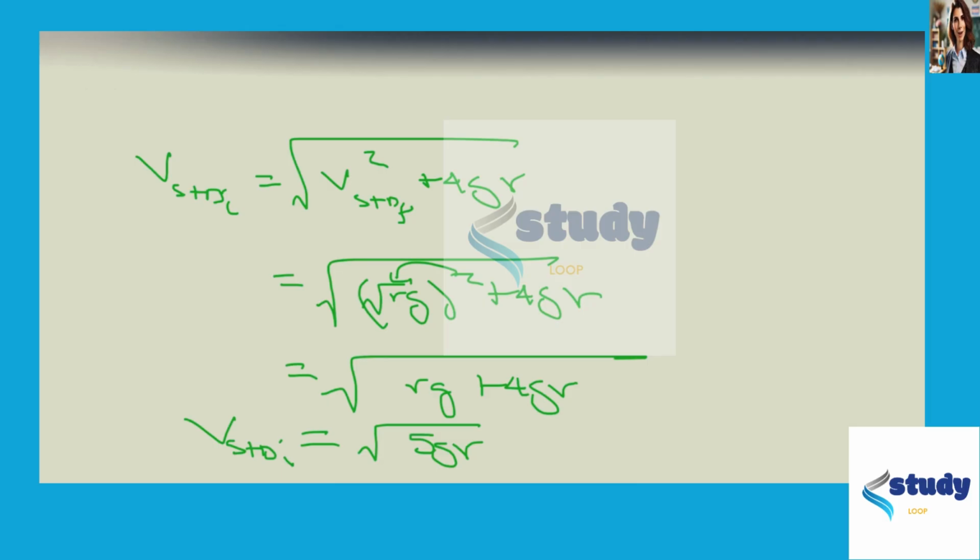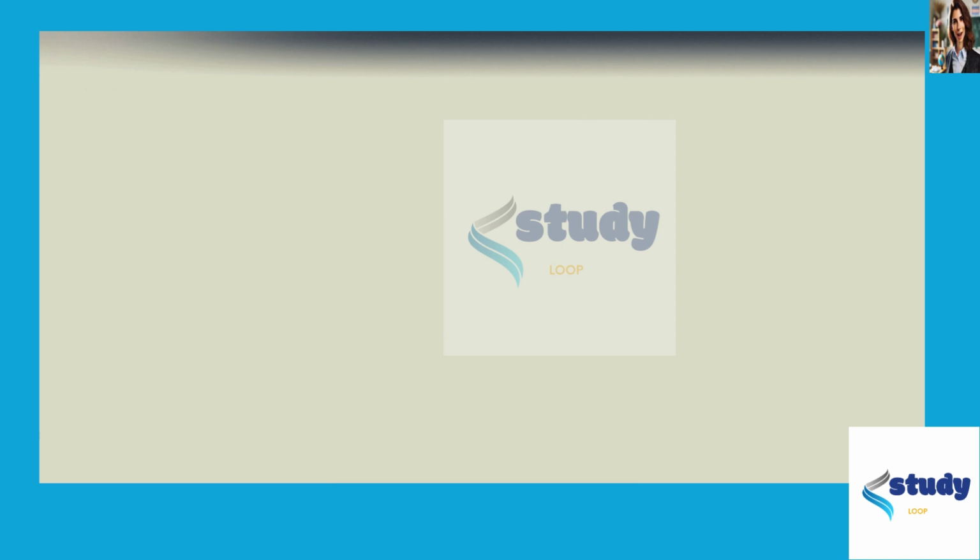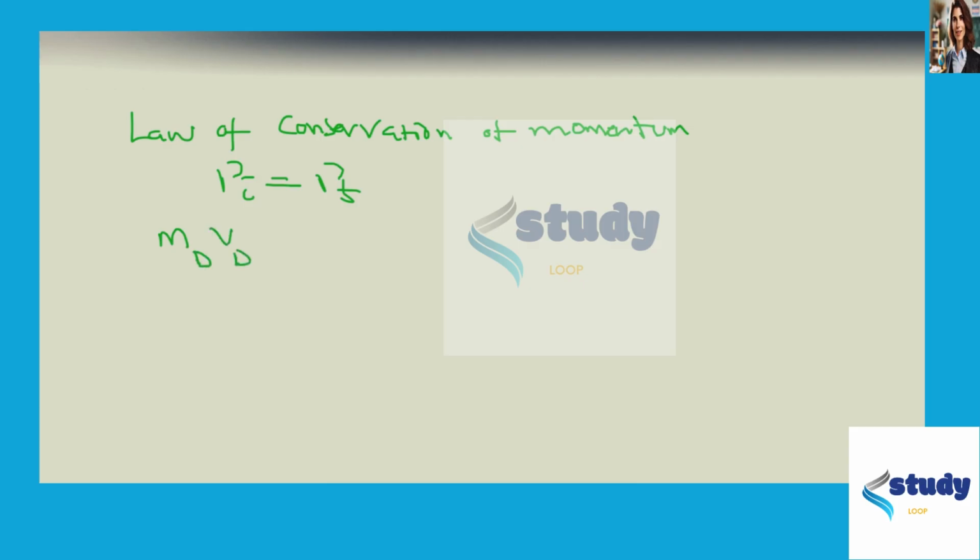In the next page, we'll use the law of conservation of momentum, which says that the initial momentum of the system equals the final momentum. Initially, before anything happens, we have the mass of the dart and the initial velocity, plus the mass of the sphere and the initial velocity of the sphere.